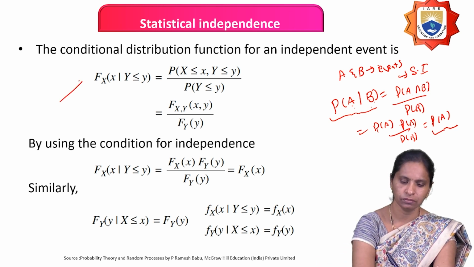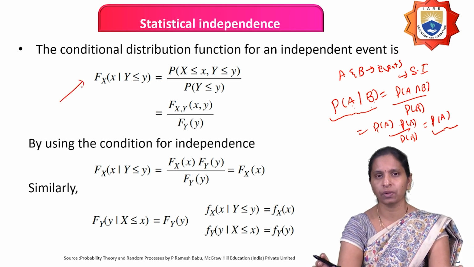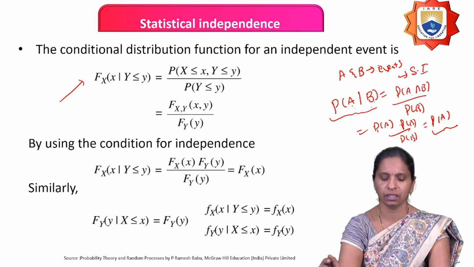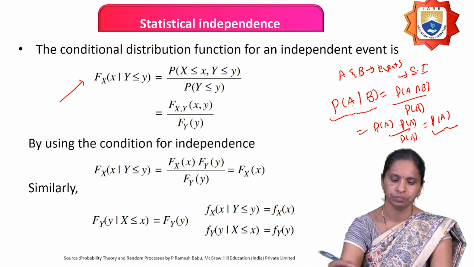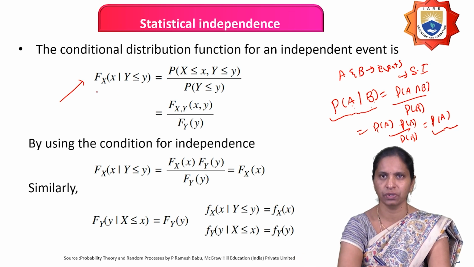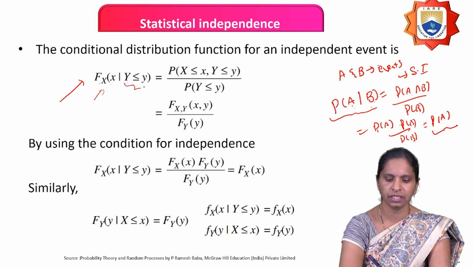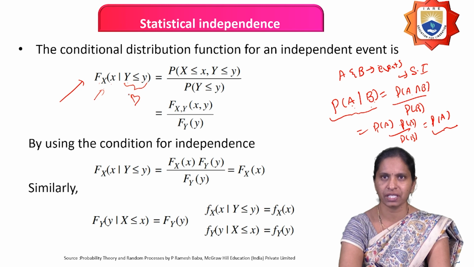Now, we just apply the same concept to the conditional distribution function and then the conditional density function also. What is the conditional distribution function of the random variable x? Fx of x by y less than or equal to y. Let us say that this is the event B. So Fx of x by B equals P of x less than or equal to x intersection B by P of B. So what is B here? Y less than or equal to y. So by P of y less than or equal to y.